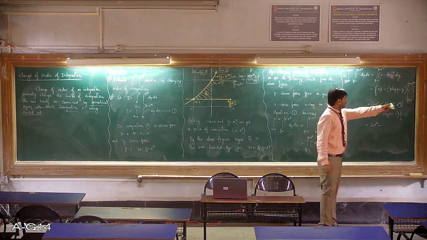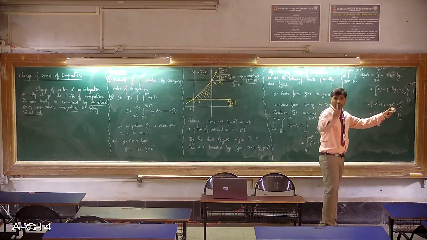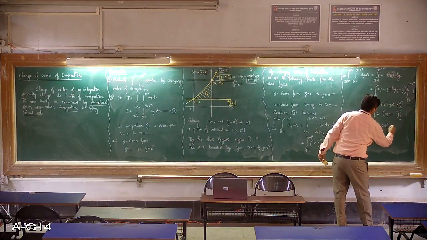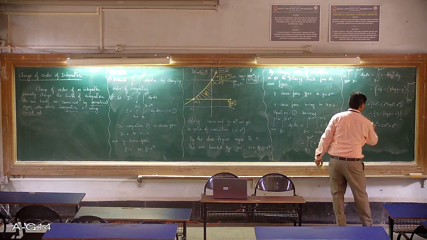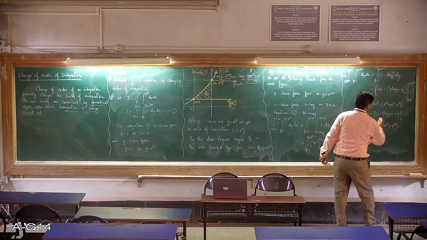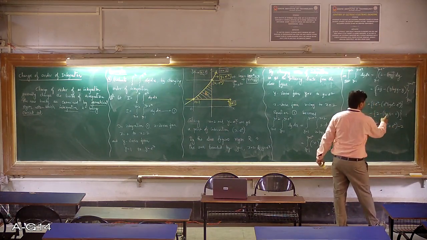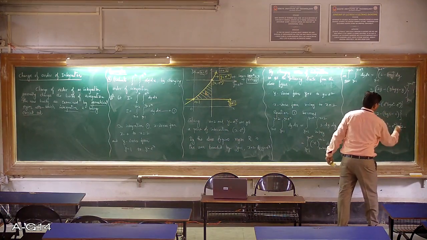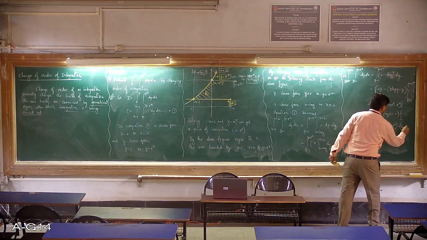Log e square is there, 2 will come outside and log e value is 1, so therefore here you will get 2 e square, minus of minus it is plus e square. Here for the lower limit it is 2, log 1 value is 0, so 0 minus 1 is minus 1, minus of minus plus 1.